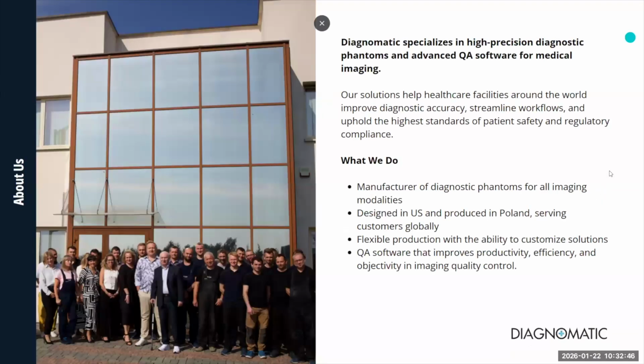Diagnomatic specializes in high-precision phantoms and advanced QA software for diagnostic imaging. Our solutions help healthcare facilities around the world to improve diagnostic accuracy, streamline workflows, and uphold the highest standards of patient safety and regulatory compliance. What we do: we manufacture the test tools, diagnostic phantoms for all imaging modalities.